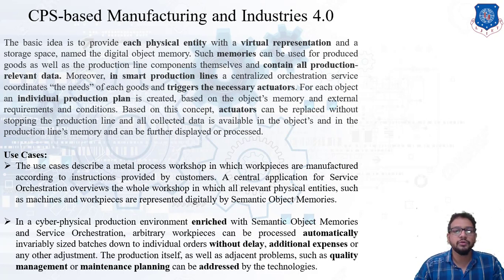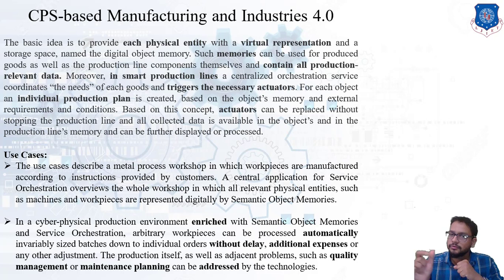Digital object memory is also called a semantic object memory. Now, what is a semantic object memory? Semantic means to follow a definite structure, that is, a definite syntax. For example, taking a simple example: I love flowers. It has a proper format, a proper expression.